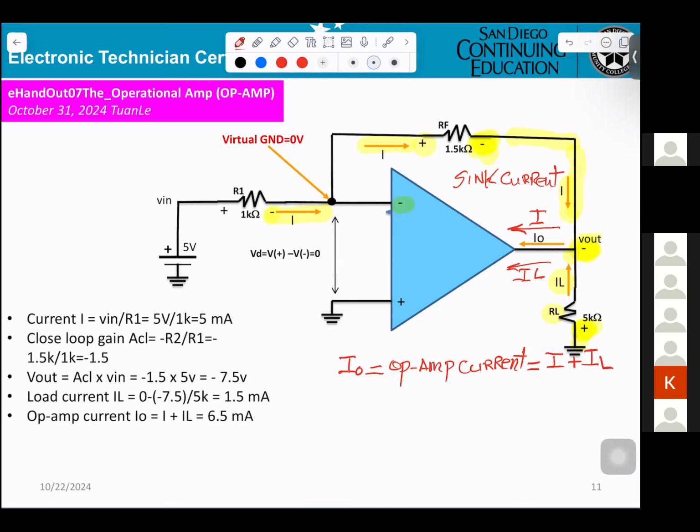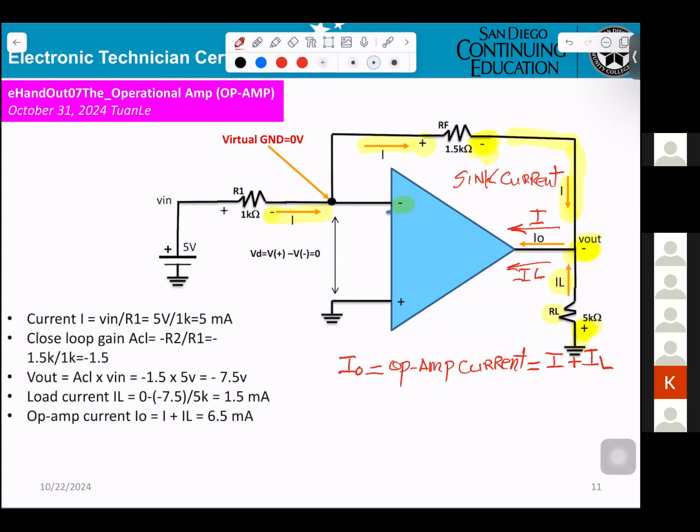So one current comes from the feedback resistor down, and the other one comes from ground, or the positive side of the resistor up. Both of those added together equal the total current, which is the op amp current. When the current flows into the op amp, they call it a sink current.